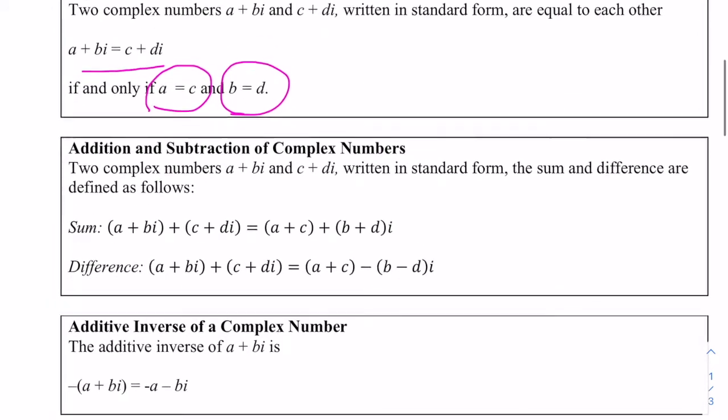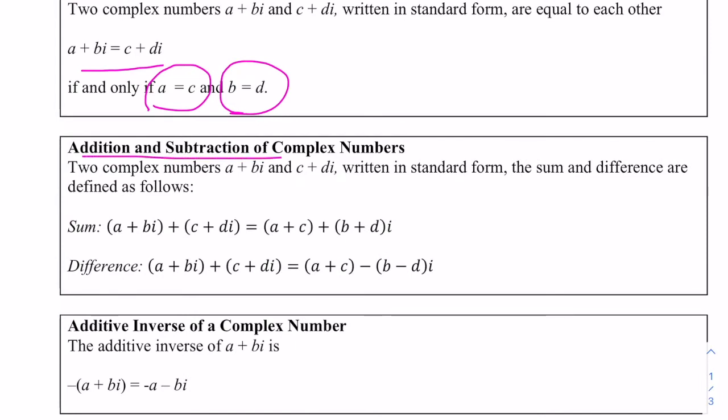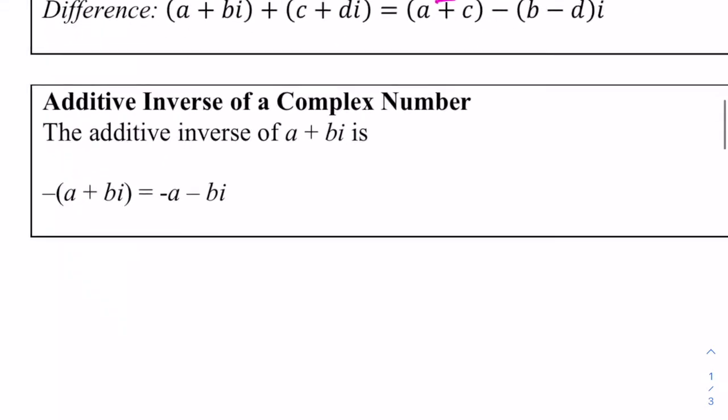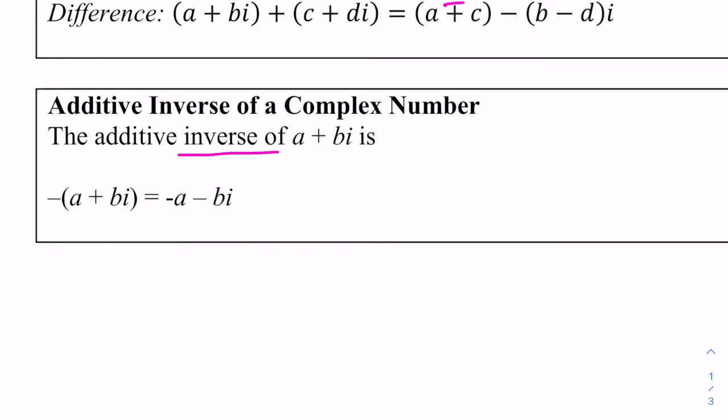We can add and subtract complex numbers. We have to make sure that we add the real parts, a plus c, and then add the imaginary parts together. We can also do that with the difference. We can subtract them or add them as long as we're sticking with the real parts and the imaginary parts. We can also multiply them by a negative to find the additive inverse.